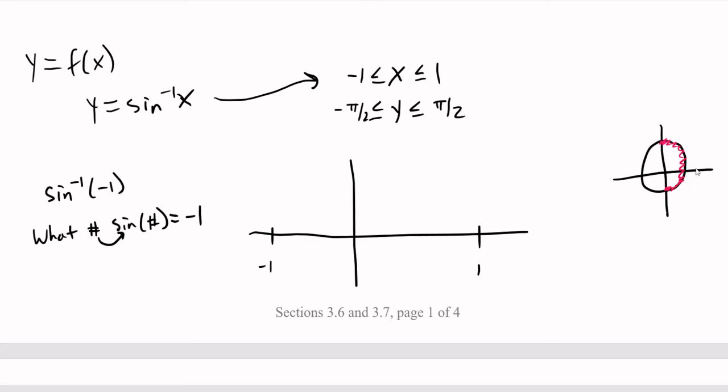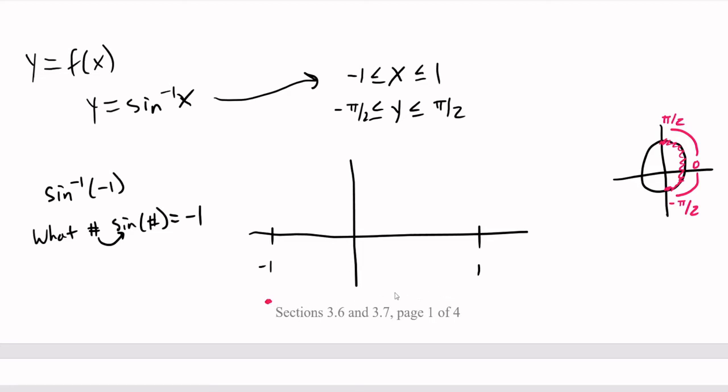So the angles 0 up to pi over 2, and then 0 down to negative pi over 2. These are the angles that we're considering for this function. So to get down to negative 1, I'm at negative pi over 2, which maybe is right here.